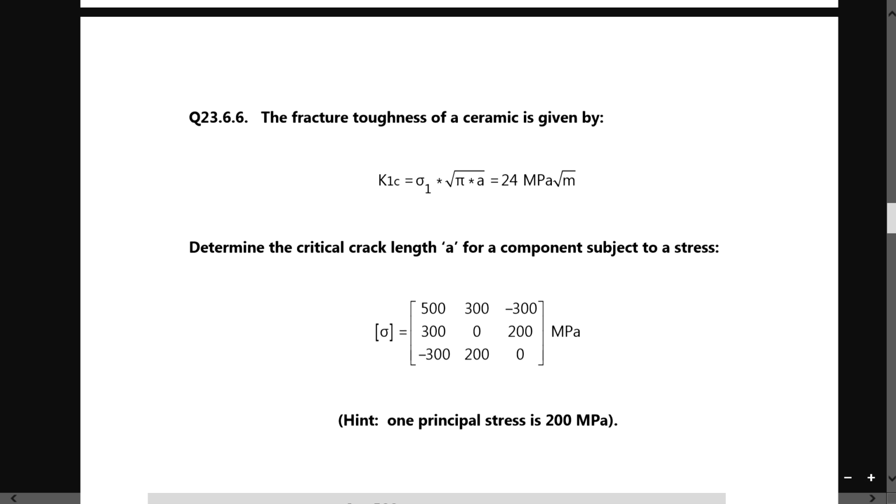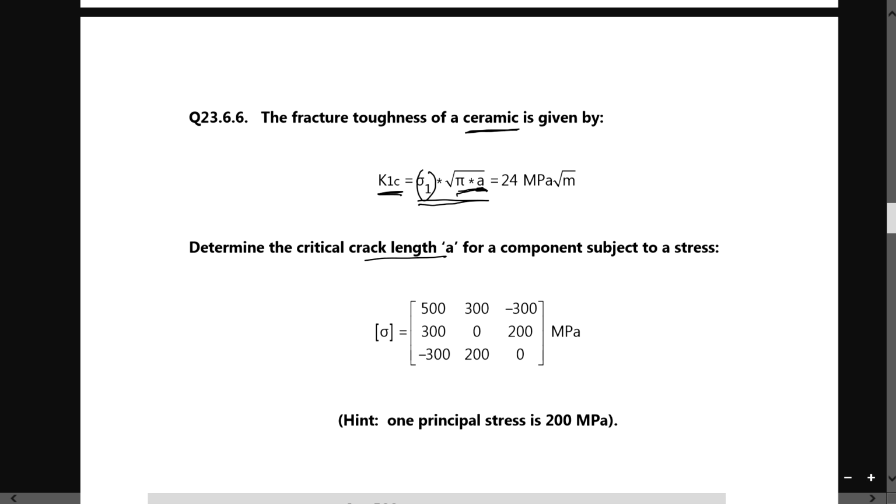For example, we have the fracture toughness of a ceramic. This is the material, given by this: the fracture toughness equals the principal stress sigma 1 multiplied by the square root of pi times the length. Sorry, this is the crack length. Crack length is a.